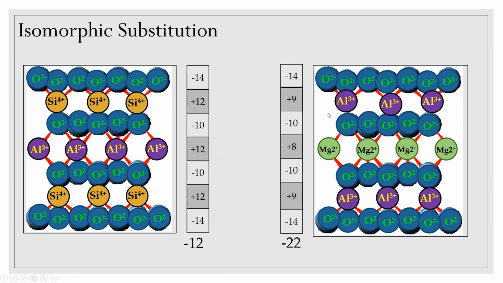And this happened when that mineral was formed. If there is isomorphic substitution, that is how the charge is different on different types of soil.